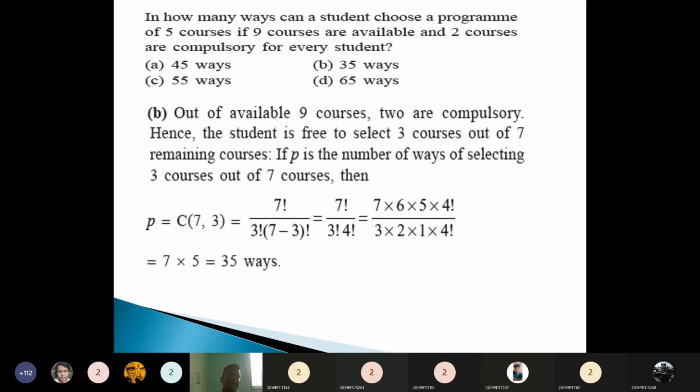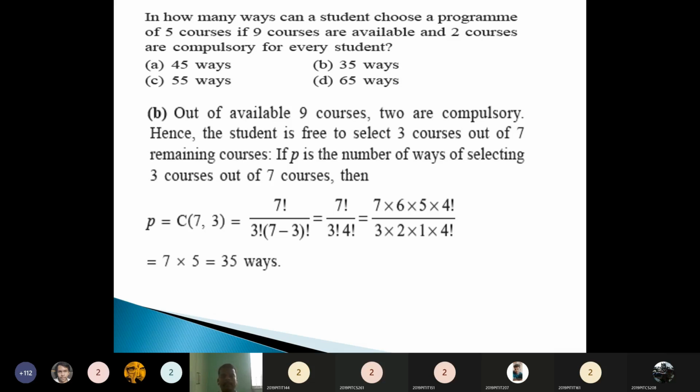We have to select 5 courses for the particular semester. For example, in the 5th semester, you have 9 courses available. In that, you have to choose 5 courses. Out of the 9 courses, 2 courses are compulsory.